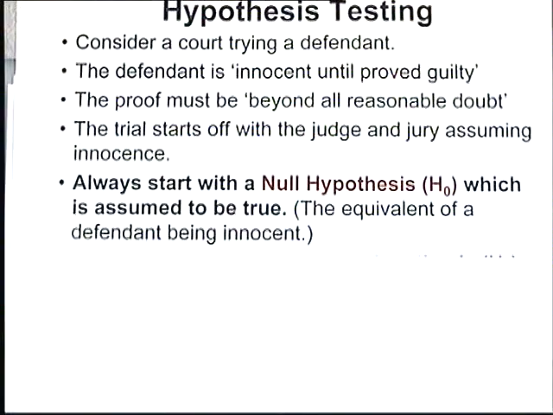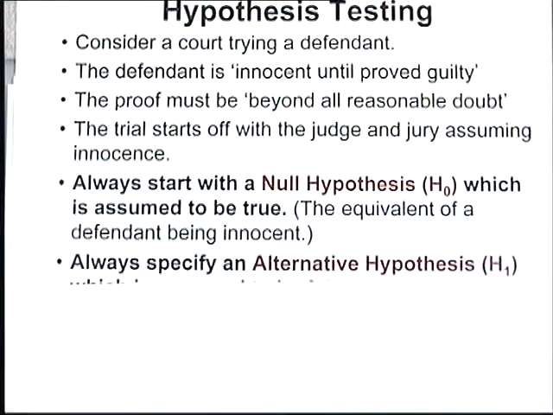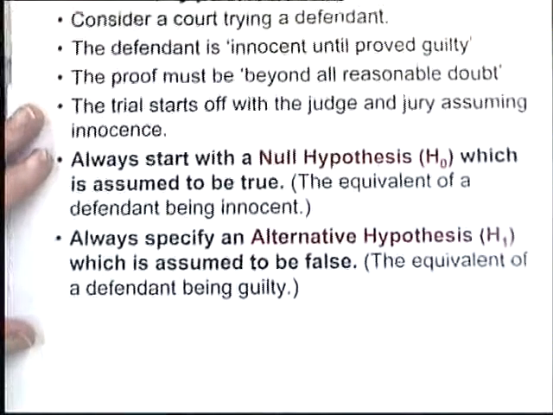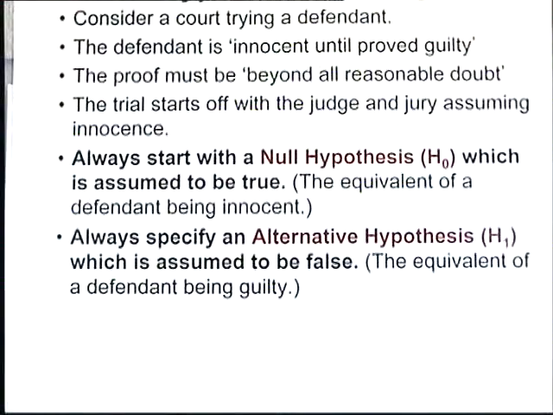So if we have a null hypothesis, which is like he's innocent, we also need an alternative hypothesis, which is like the guilty plea, or being found guilty. So we also, right at the start, state an alternative hypothesis, which we denote as H subscript 1, which at the start we assume to be false. But we can only ever conclude one of these hypotheses is true.